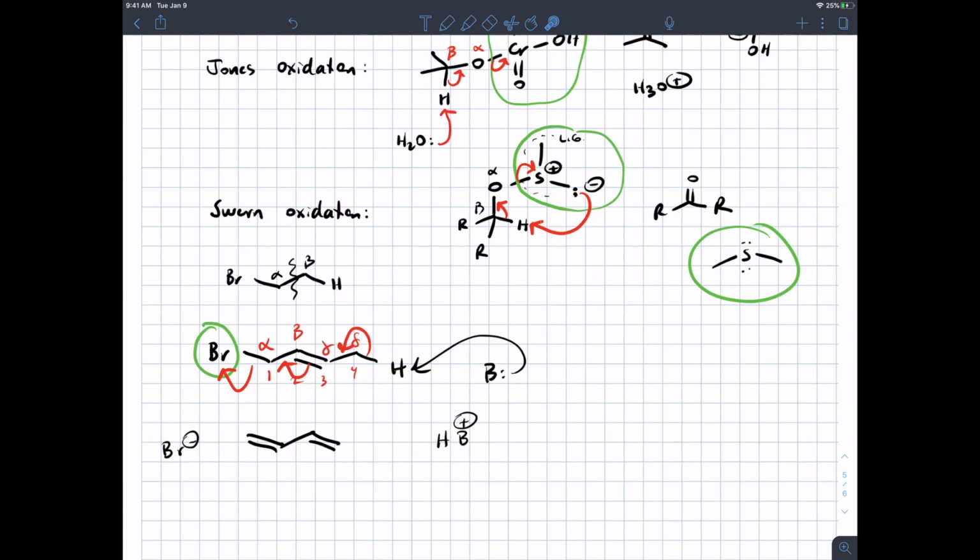Vinylogy is like analogy. It's an analogous group. It undergoes analogous chemistry, but we call it vinylogous. I don't really ever use that word that much, but some synthetic chemists will. Okay. Any questions you want to ask?